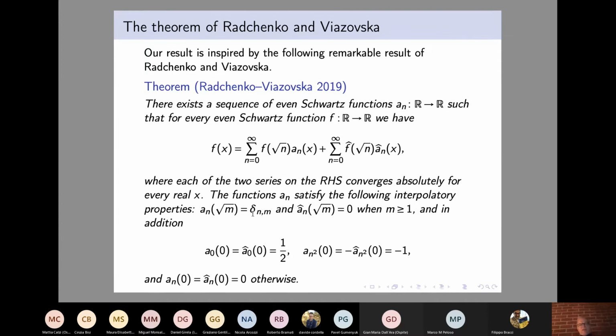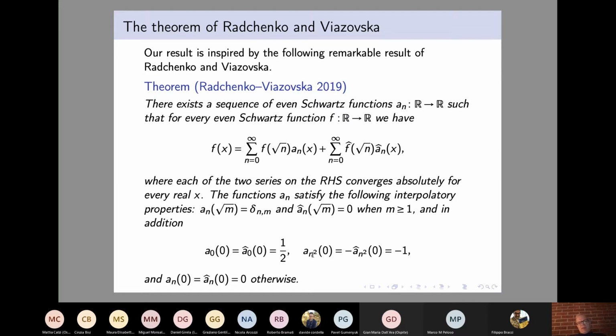It's a little bit more subtle than in our case because, while they are still complete and minimal, there is a subtlety with the values of the a_n's and a-hat_n's at the squares of the integers.